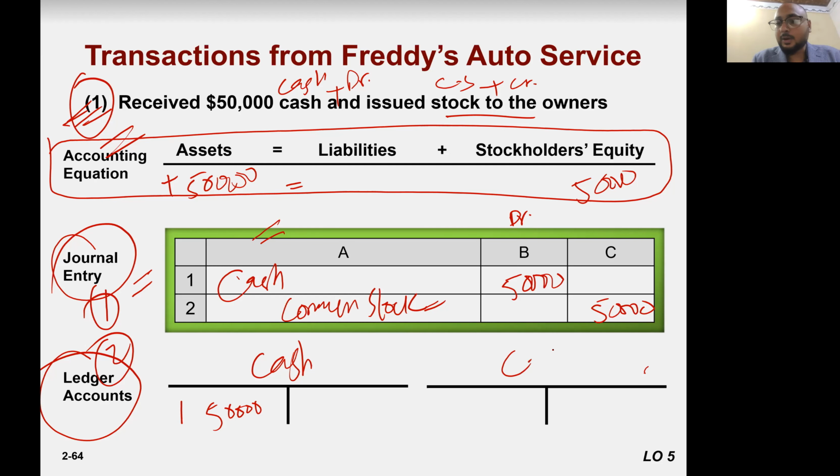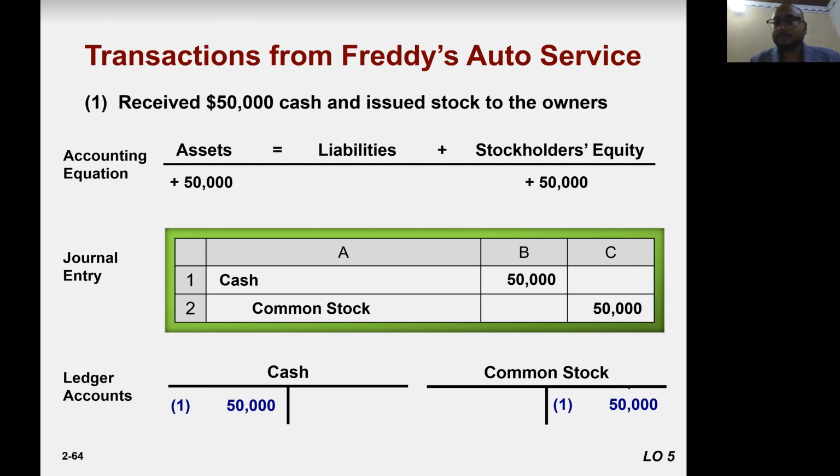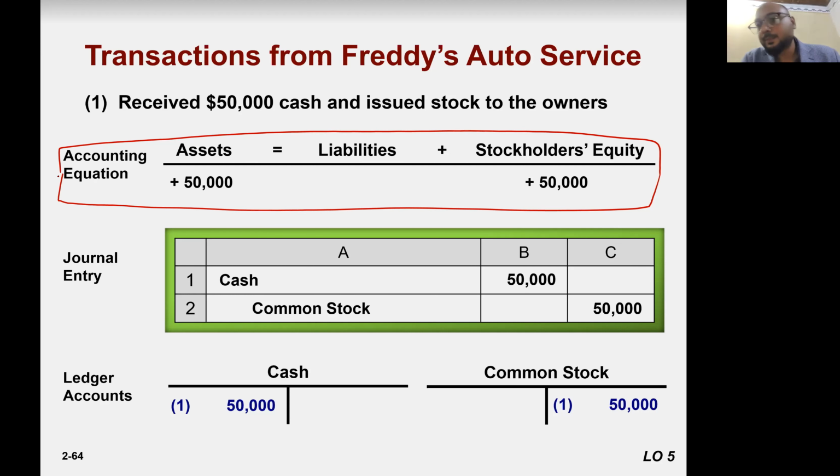This is common stock, 50,000. Right? Right, guys? It means our journal entry and our ledger perfectly satisfy the accounting equation. We also call this the balance sheet equation.